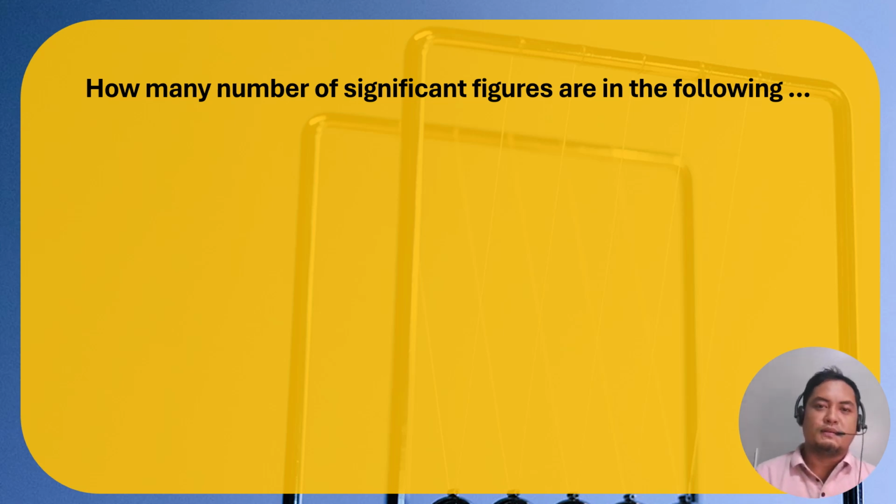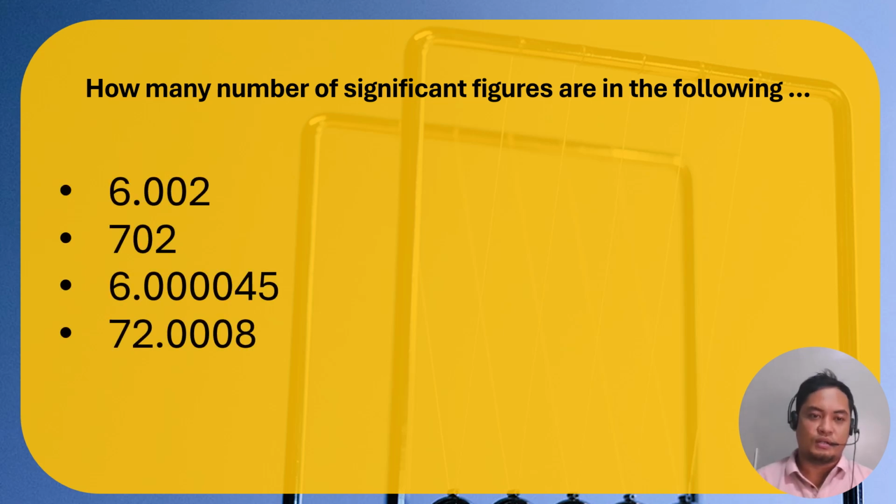Let's proceed with the next one. Here are the following bullets with numbers. Let's go back to the question: when to tell that zeros are significant?